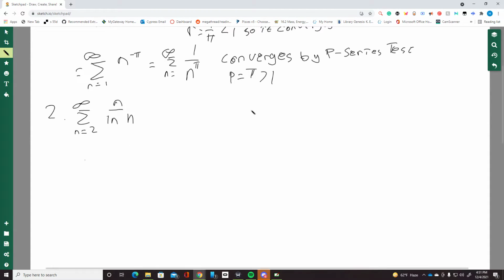So to start, we take the limit as n goes to infinity of n over ln n. Notice that this is actually in the form of infinity over infinity once we plug in infinity for n. So what we are going to do is use L'Hospital's rule.